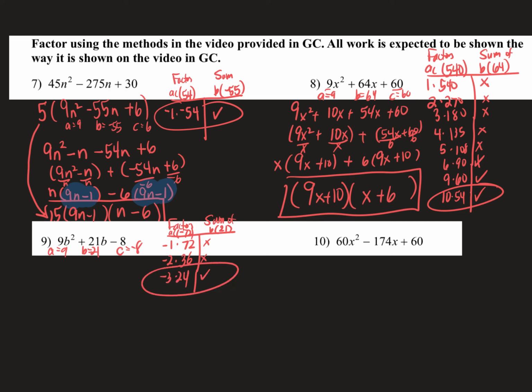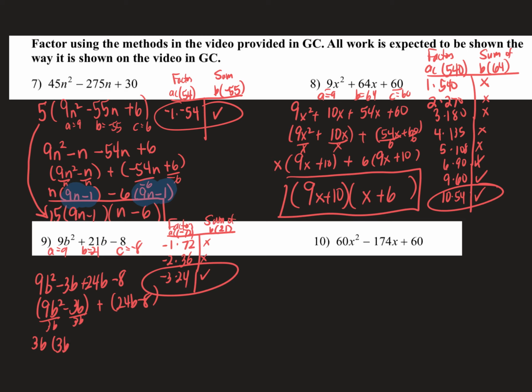So I'm going to rewrite 9b squared plus 21b minus 8 as 9b squared minus 3b plus 24b minus 8. Group the first two together, put a plus sign, group the last two together. The first group has 3b in common.